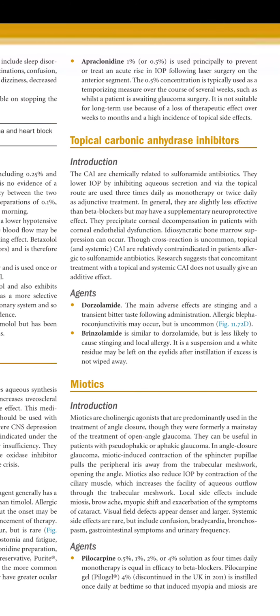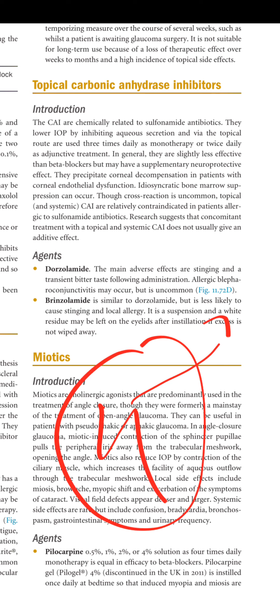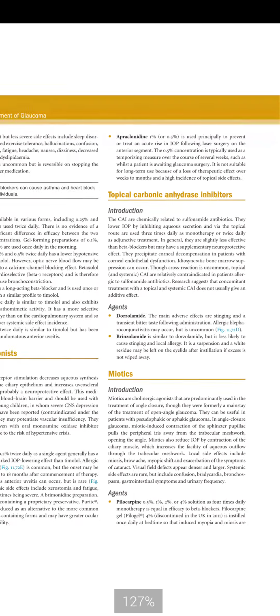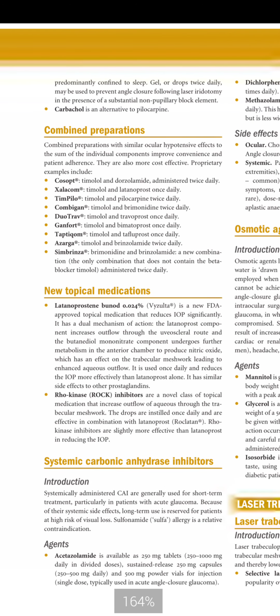Pilocarpine 0.5%, 1%, 2%, or 4% solution four times daily as monotherapy is equal in efficacy to beta blocker. So these are given four times daily. Pilocarpine gel 4%, discontinued in the UK in 2012, is instilled once daily at bedtime so that induced myopia and miosis are predominantly confined to sleep.